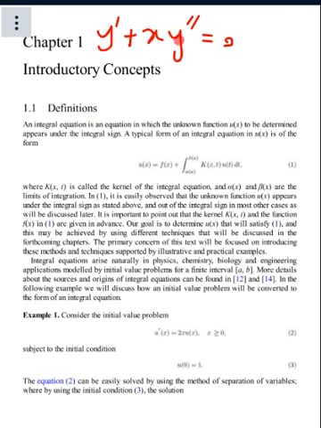We call this equation a differential equation because, as you can see, we have the derivative of the unknown function in this equation. You can see that here we have the first order derivative, and here also we have the second order derivative of our unknown function.